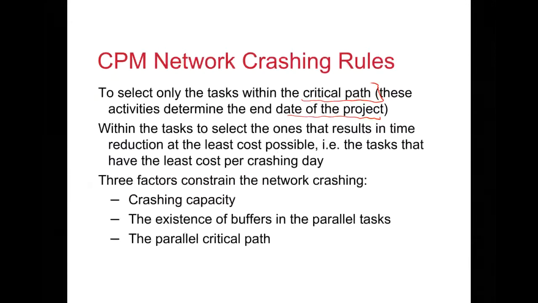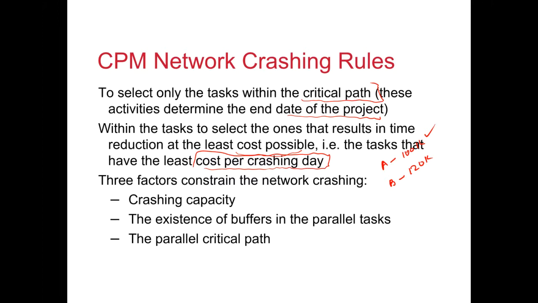Within those tasks, select the ones that result in time reduction at the least cost possible, that is, the tasks that have the least cost per crashing day. For instance, you could crash activity A, and that is going to cost you 100K per week, or you can crash activity B, which is going to cost you 120K per week. According to the heuristics, you have to choose the least value, and you have to repeat, because your critical path will change.